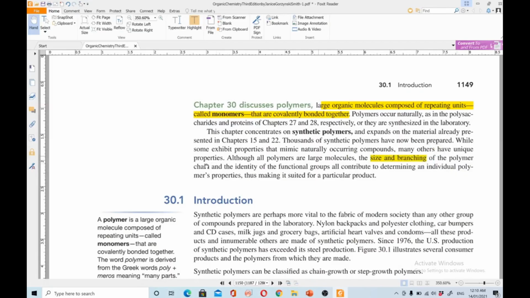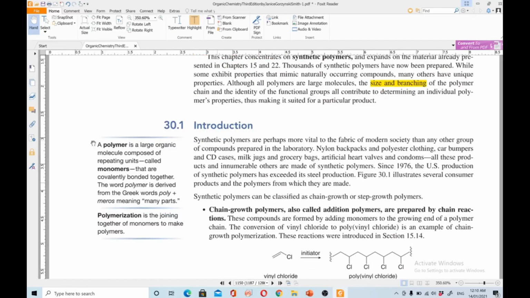Size and branching of the polymer chain and identity of the functional groups all contribute to determining an individual polymer's properties, thus making it suited for a particular product. A polymer is a large organic molecule composed of repeating units called monomers that are covalently bonded together. The word polymer is derived from the Greek words poly plus meros, meaning many parts.